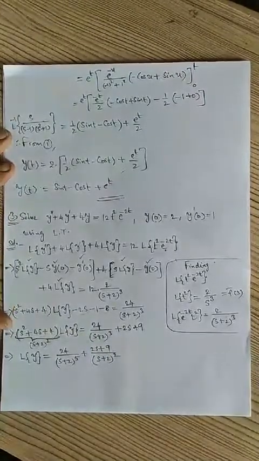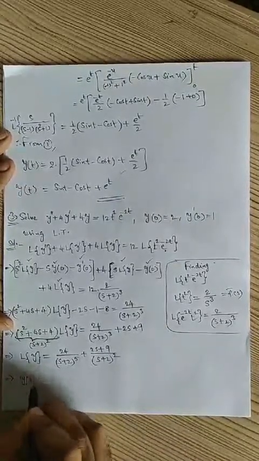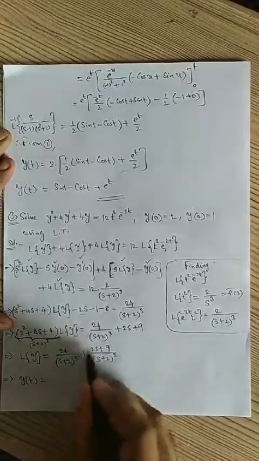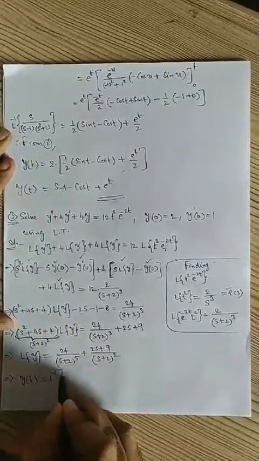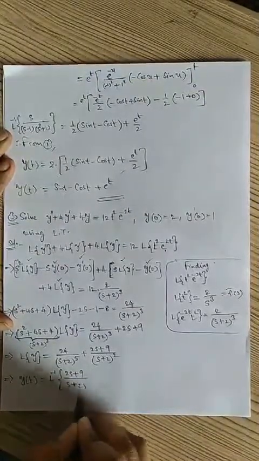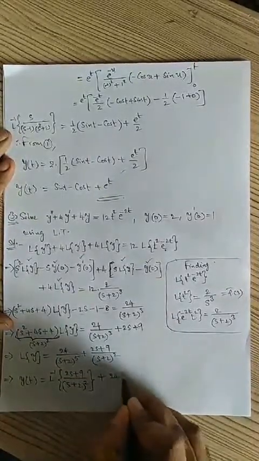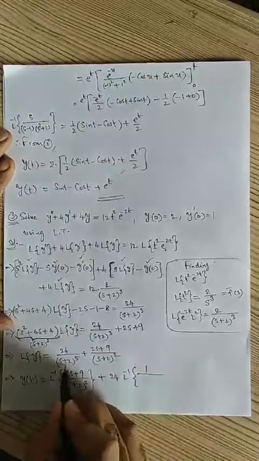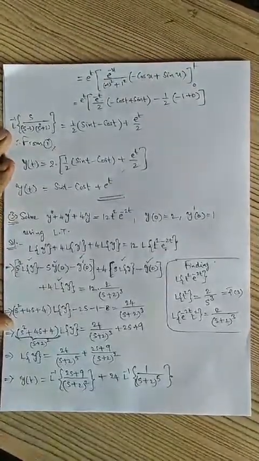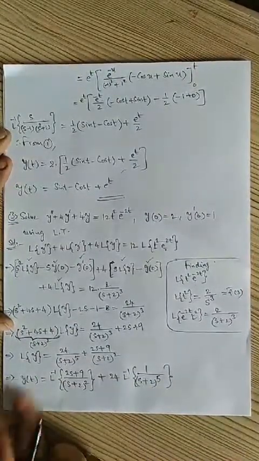Right? Now what we want is y of t. This implies y of t equals to, you take the Laplace inverse to the right hand side. Then what will happen? You consider the first term, Laplace inverse of 2s plus 9 by s plus 2 whole square, plus 24 into Laplace inverse of 1 by s plus 2 whole power 5. So if we evaluate these two Laplace inverse transforms, then we will get the solution y of t.